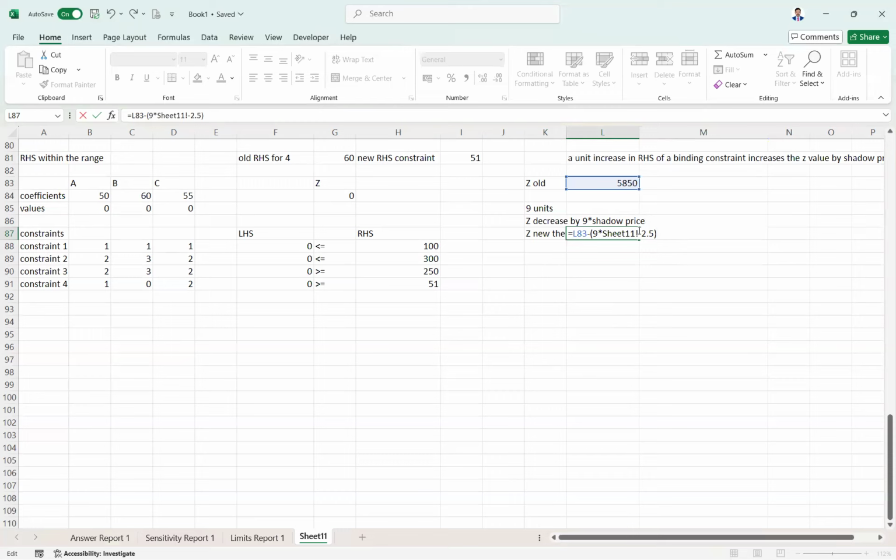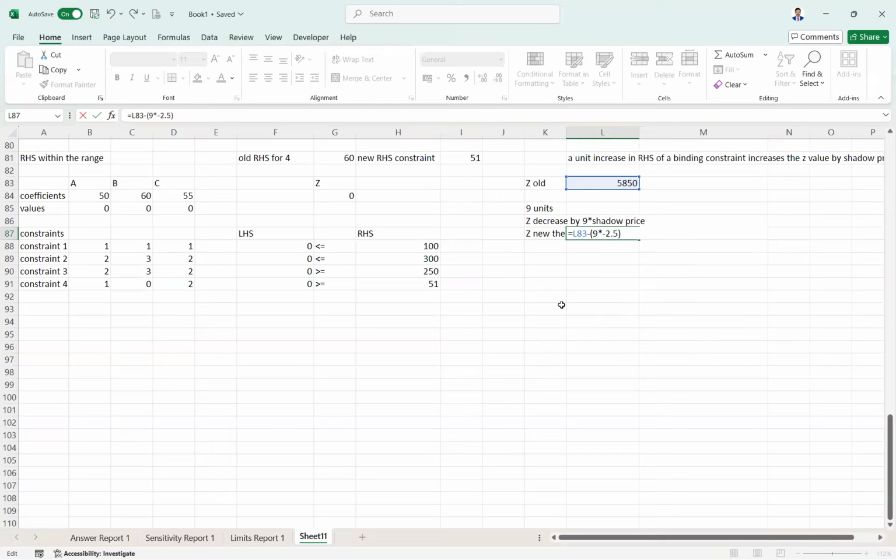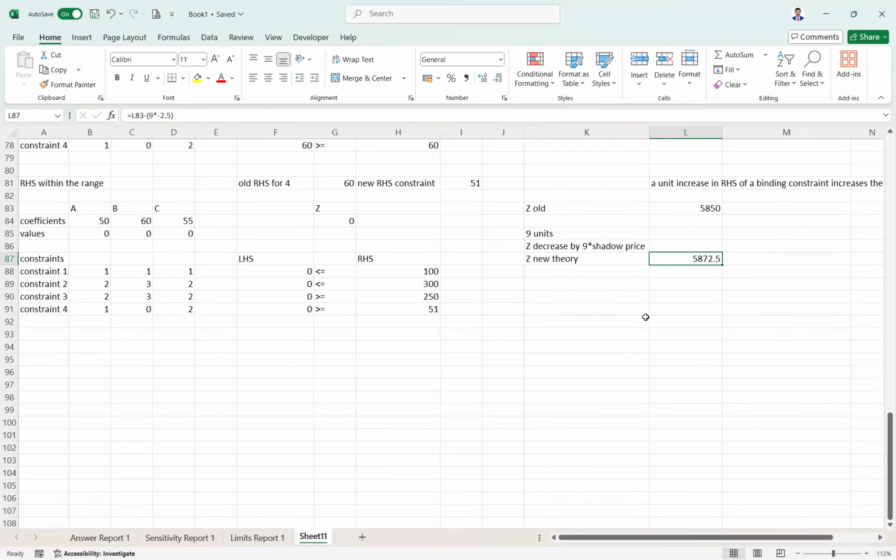Now let me just change the formula. So 9 into 2.5, this is our formula. This should be the new Z. Yes. So what actually happened? It has increased. Why? Because minus 9 into minus 2.5, minus of minus becomes plus.